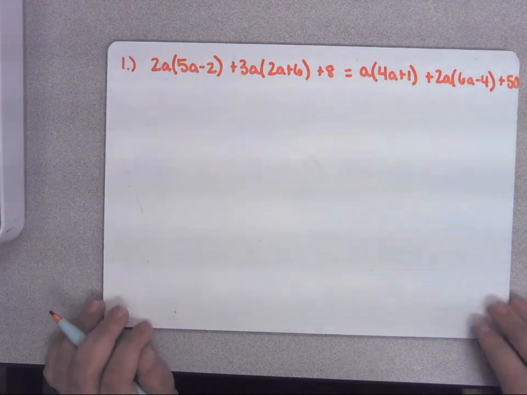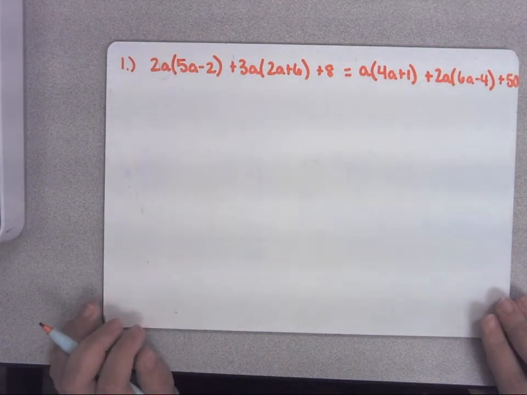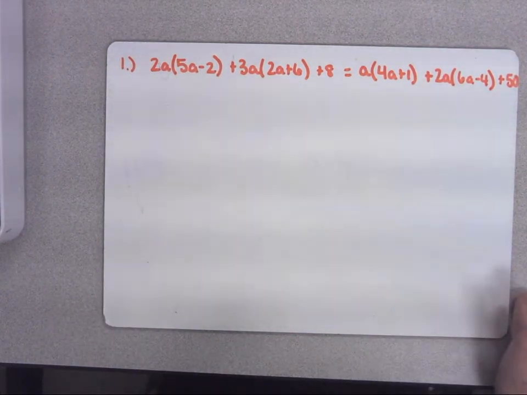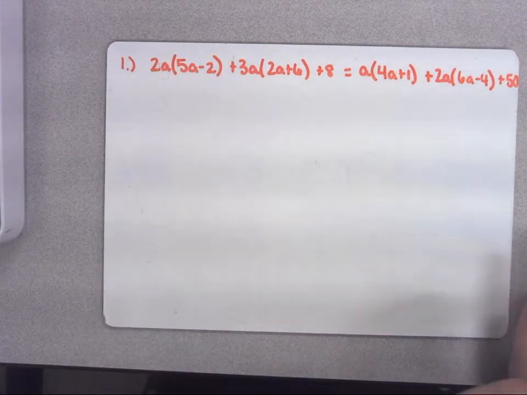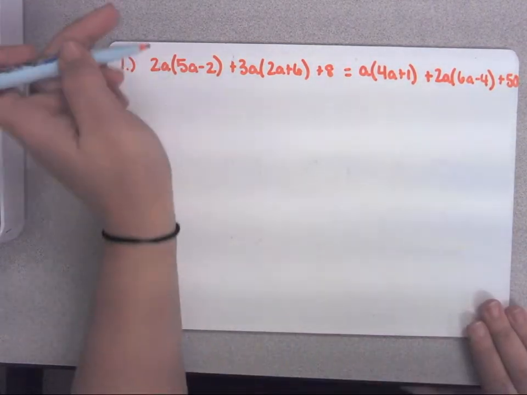All of them are long, but they're crazy. The answer is a whole number. You just slowly distribute.